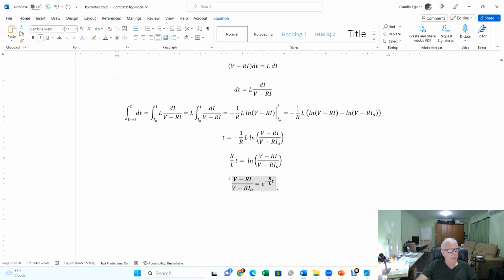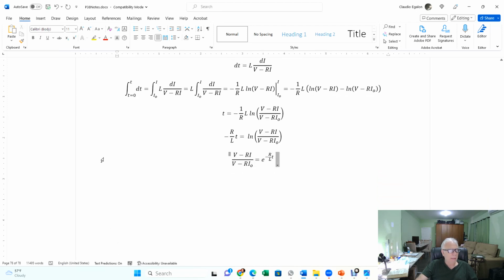Don't forget this V is the potential provided by the battery, right? I want to find the current. That's what I want to find right in here. I want to find this guy. And I'm not done yet.